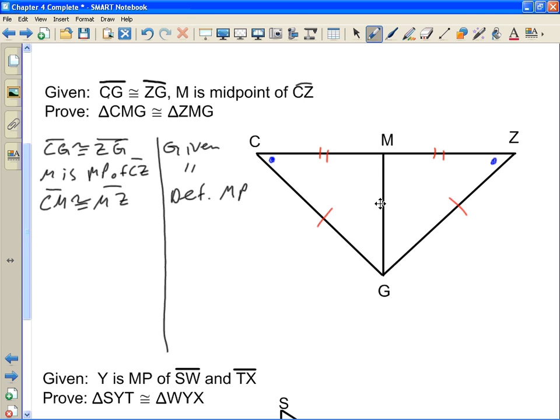CMG, this triangle, has this as the last side, and ZMG has the same line as its last side. So I need to prove that this is congruent to itself. And if you remember how we do that, that's one of the properties that we had very early in the year, the reflexive property.